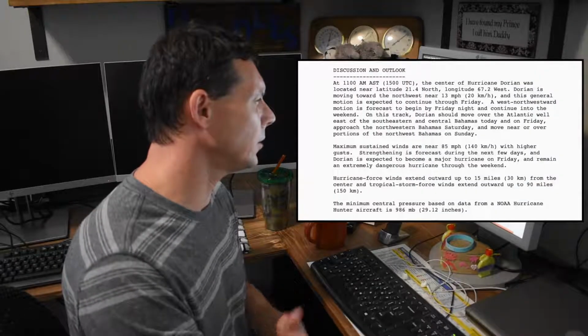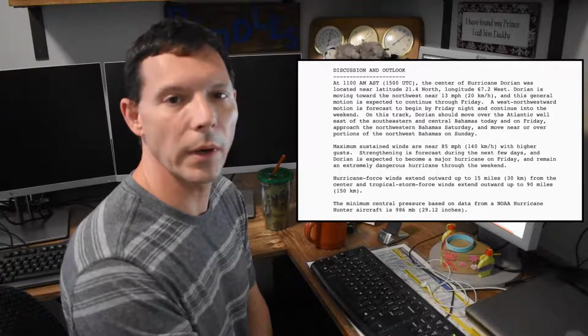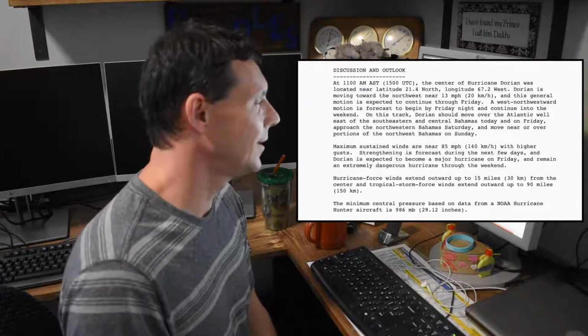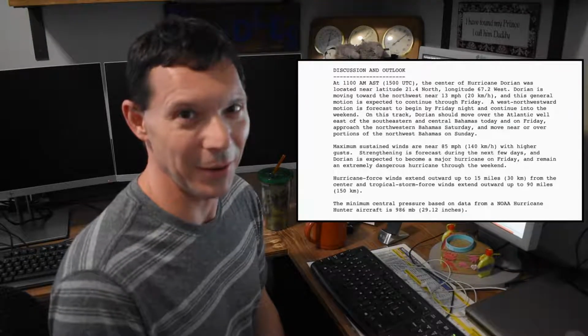Forecast discussion, a little bit of an outlook, what areas are going to be impacted, and also, very important, when the next advisory is going to come out. That's what everybody wants to know. That's one of the products I'll look at, the public advisory.